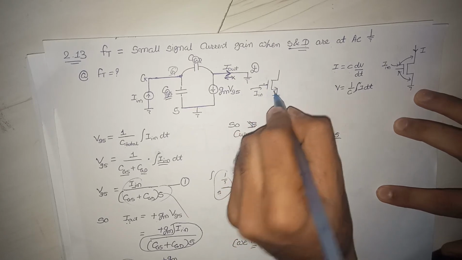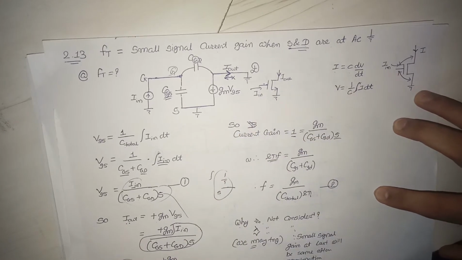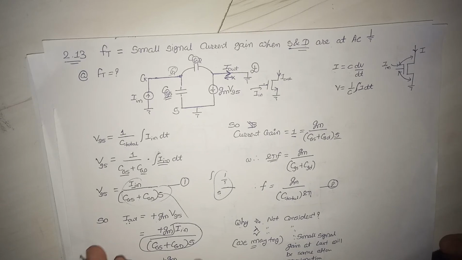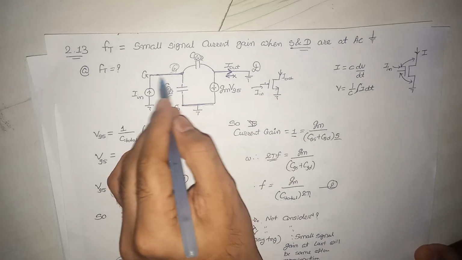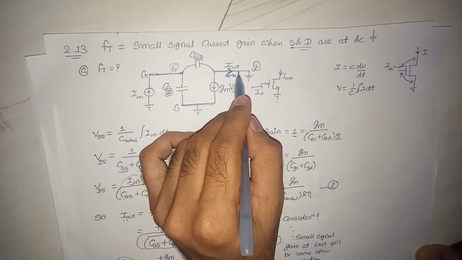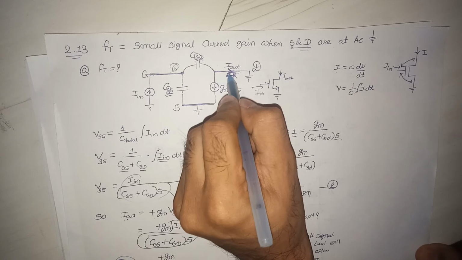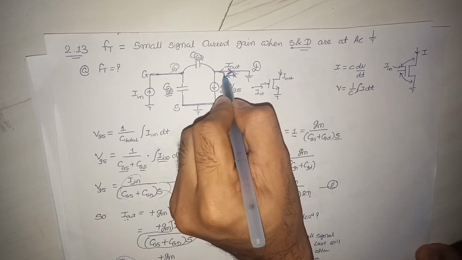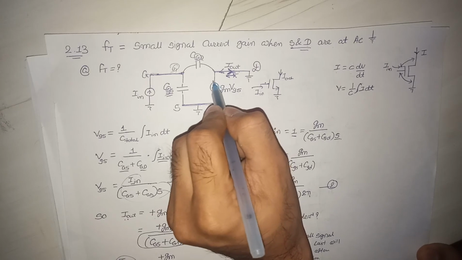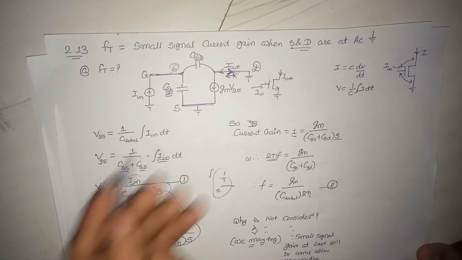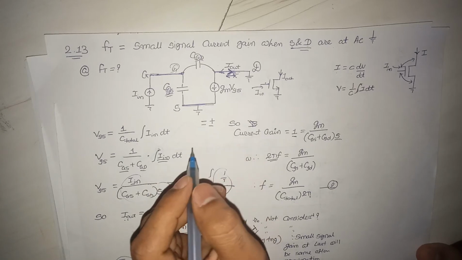Current in is coming here, and this is I out. This is the source terminal, this is the gate terminal, this is the drain terminal. I mistakenly took the direction outside. Please go for the current coming into the MOSFET, so we can avoid the minus and plus current confusion.